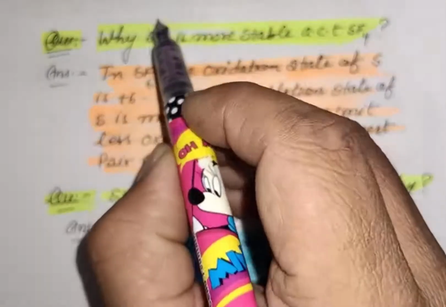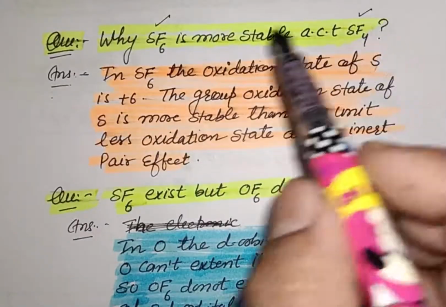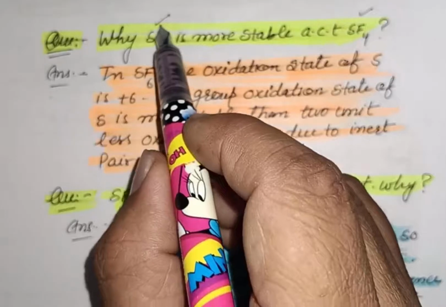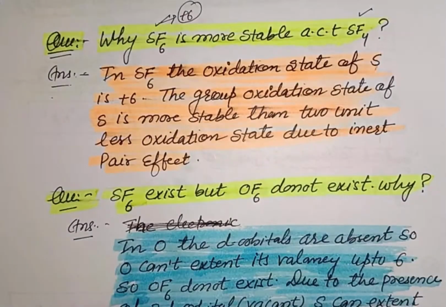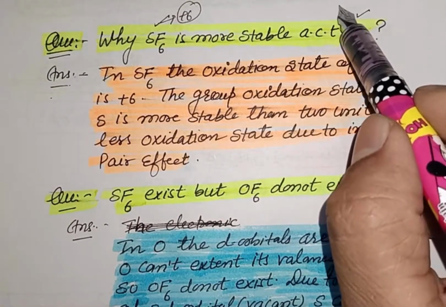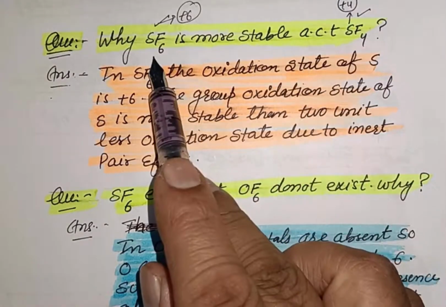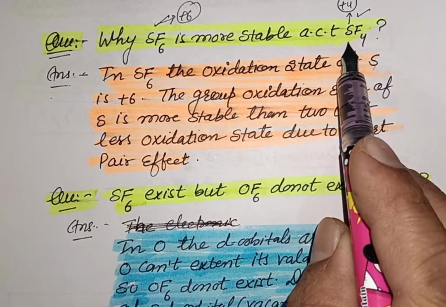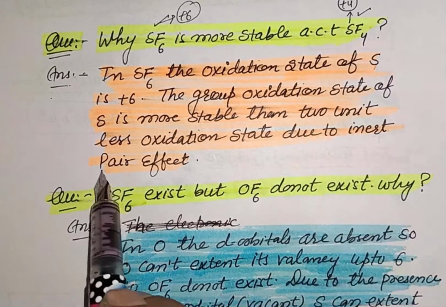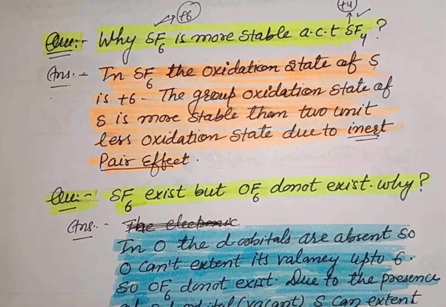Sulfur hexafluoride is more stable than sulfur tetrafluoride. In SF6, the oxidation state of sulfur is plus 6, that is the group oxidation state, and in SF4, the oxidation state of sulfur is plus 4. We know that very well: in case of sulfur, the group oxidation state is more stable as compared to the 2 unit less oxidation state. It is due to the inert pair effect. The inert pair effect we have already discussed in group number 15.